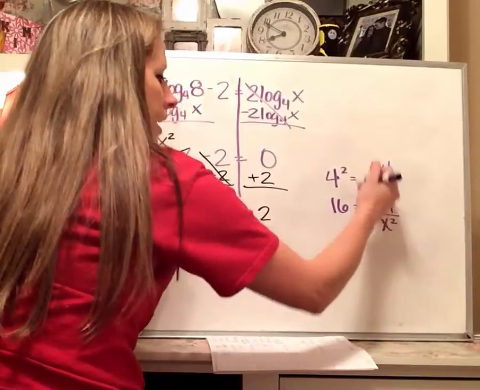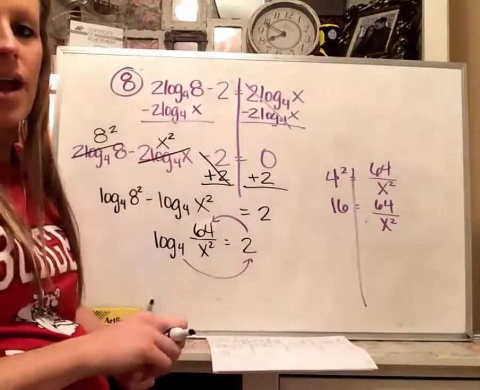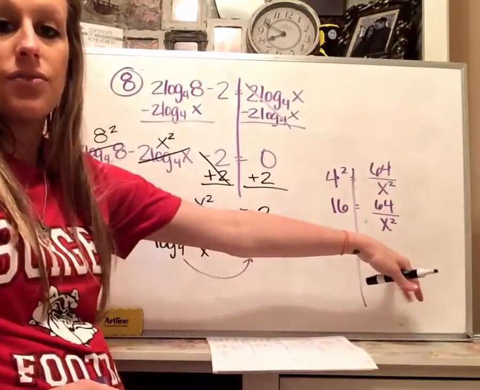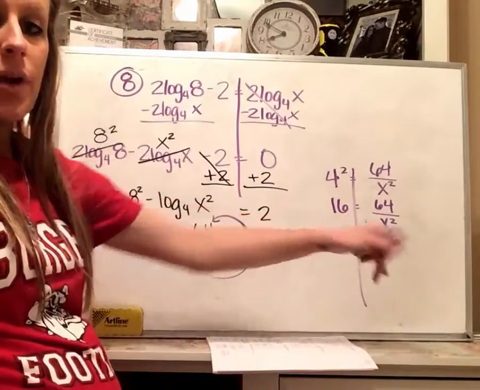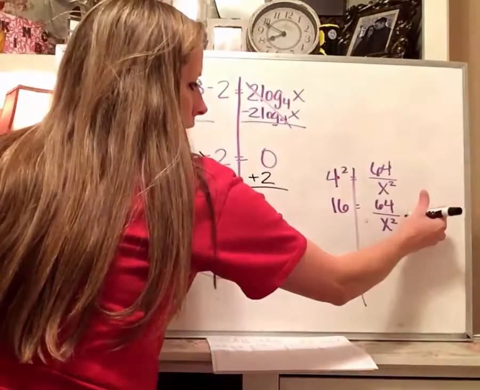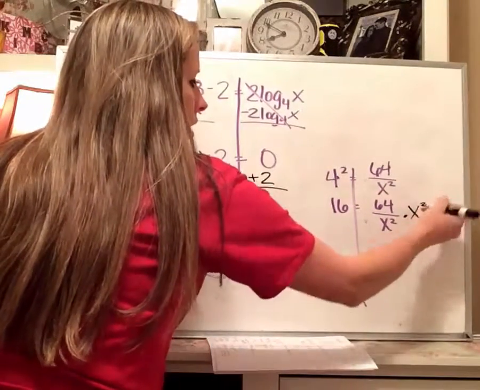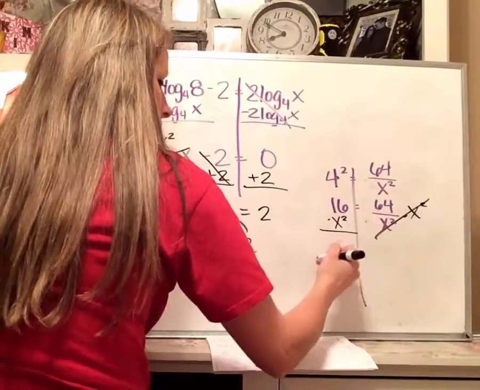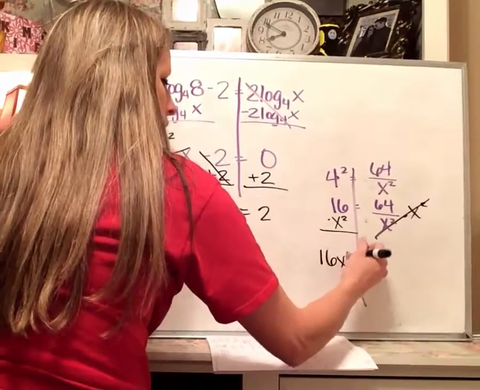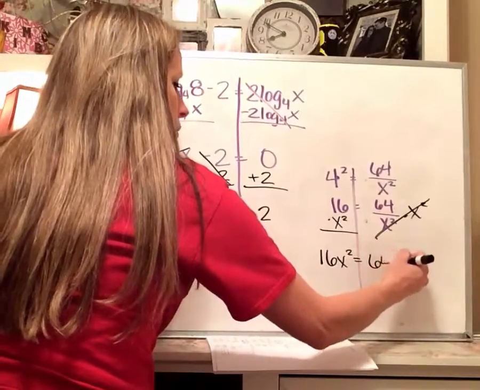Now I need that x squared out of the denominator. I can't do anything with it as a fraction like that. So the opposite of dividing by x squared is multiplying by x squared, and I'm going to do that to both sides. So this will be 16x squared equals 64.